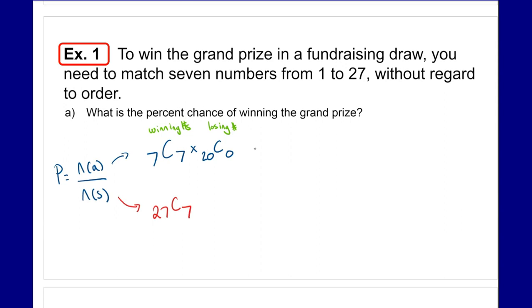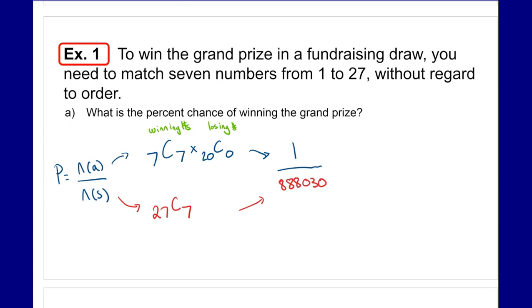So we bring this all back together to our fraction, and we get, well, 7 choose 7 times 20 choose 0. There's only one way that can occur, divided by 27 choose 7, which is 888,030.